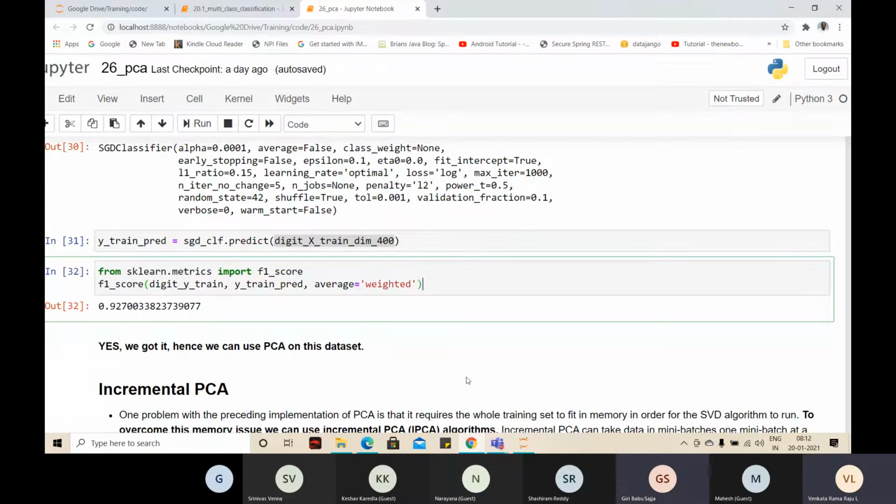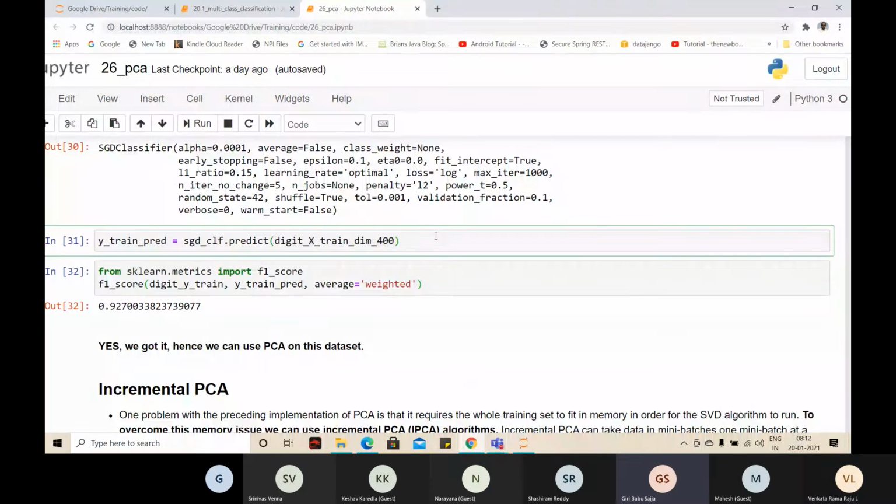Sir, just for my understanding, so basically the goal of PCA is to take some input and generate the Z matrix and give that as input to some other prediction model, and then get the actual predictions. Is that so, sir? Yes. So basically, to reduce the amount of resources needed on the supervised learning algorithms, we'll use dimensionality reduction.